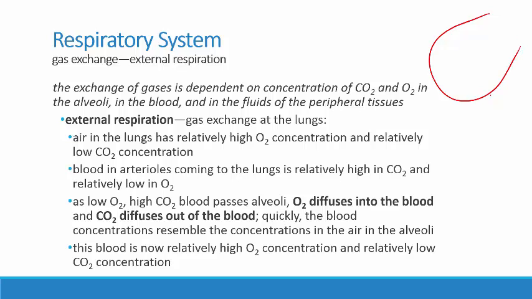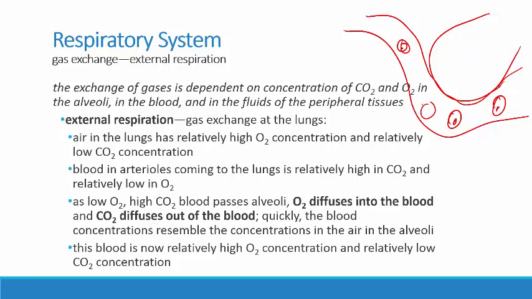So if this is the alveolus, and here's the blood vessel, and I'm not going to draw the endothelium cells and the cells of the alveolar wall now, but when we breathe in air, we bring in relatively high concentrations of O2, and the air that we're breathing in has relatively low CO2 concentrations. That makes sense. The air that we're breathing in has not been depleted of oxygen, and it's not been enriched with carbon dioxide yet.